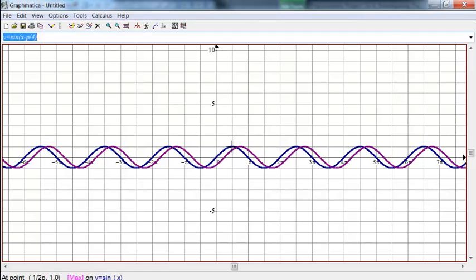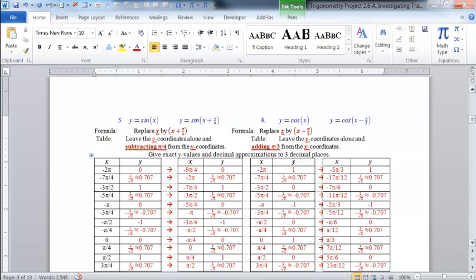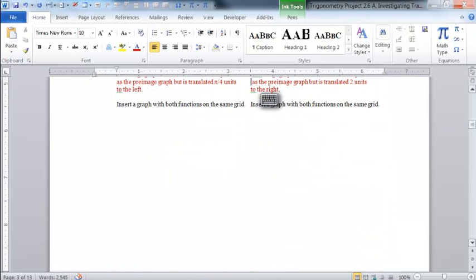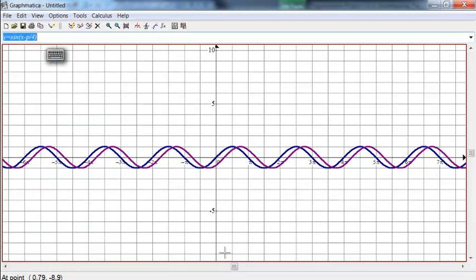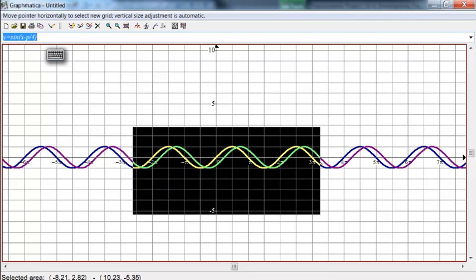And the amount of shift right here, how much did we shift? According to this, we ended up subtracting pi over 4, so we shifted pi over 4 units to the right. Notice these lines are in pi over 2, so we shift by half of a grid line. And that's exactly what we did here, shifting to the right. If we want, we might zoom in a bit on this.